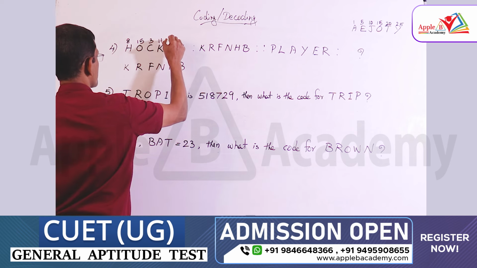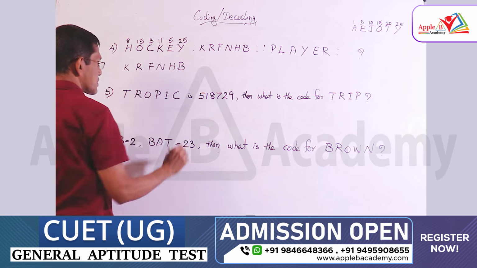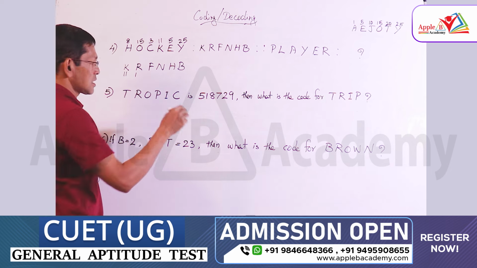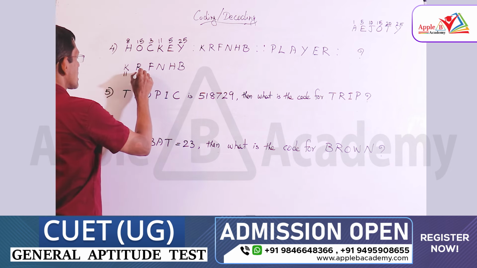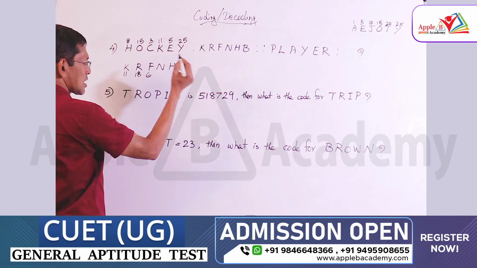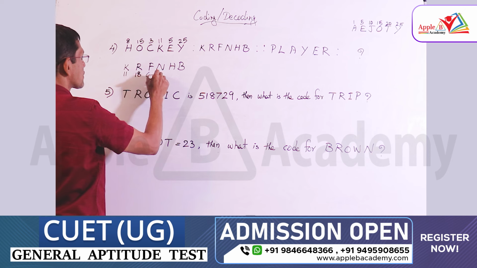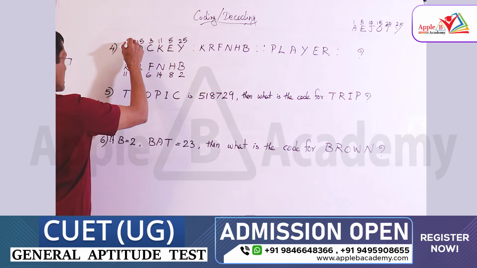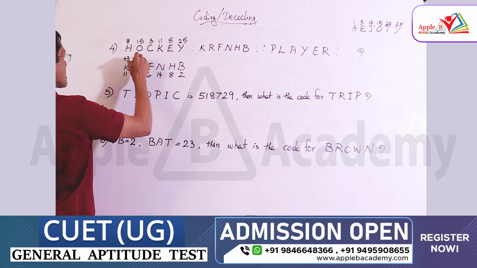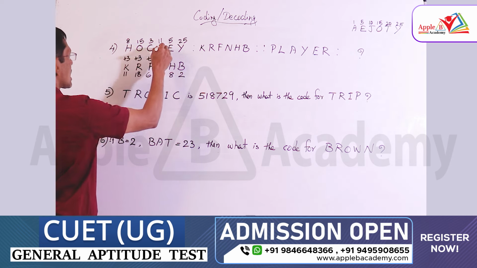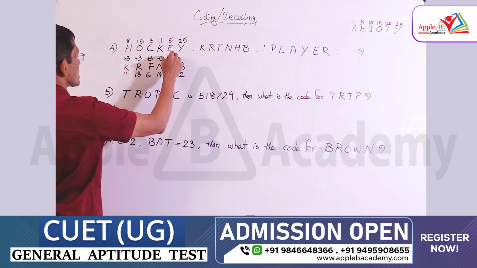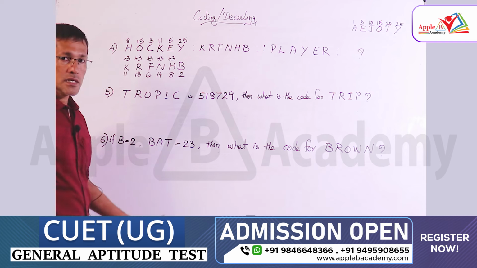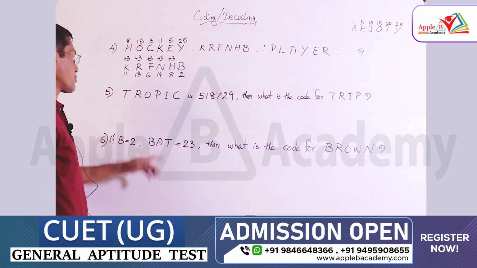And E, everybody knows that it's 5, and Y is 25. How about K? K is 11. R is 2 letters before T, so it is 18. And F is 6. N is immediately before O, O is 15, so N is 14. H is 8, and this is 2. H and K plus 3: 8 plus 3 is 11, 15... and 18 plus 3... 3 plus 3 is 6, 11 plus 3 is 14, 5 plus 3 is 8, 25 plus something is 2. Actually, it is 25 minus 23 is 2.